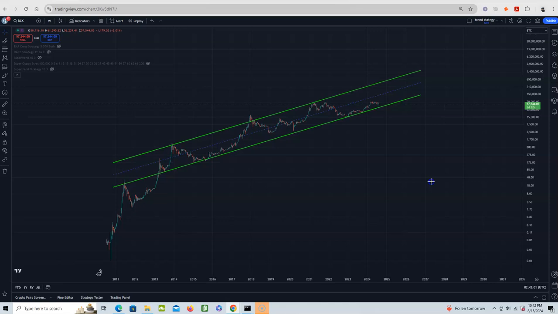As you can see on the chart here, I drew what looks like, and what most likely is, and you'll see statistically it also is, the best fit Bitcoin trend line.